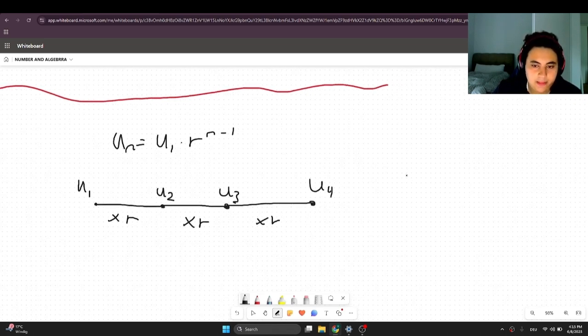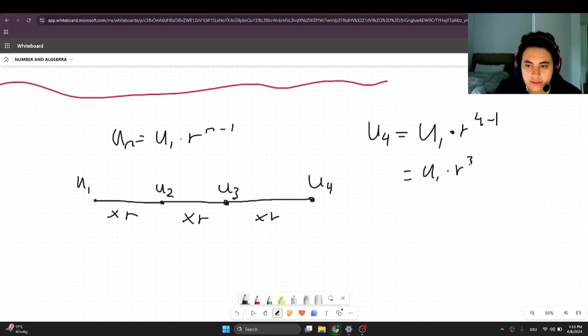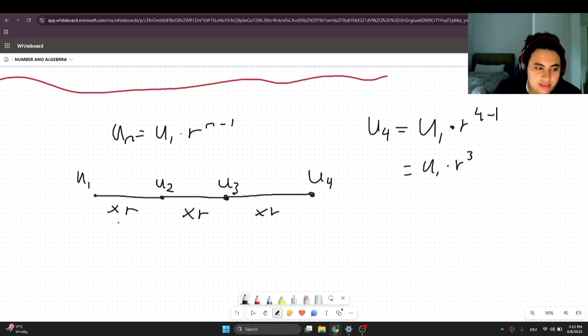Which means, if I want to find the term u4, I start at u1 and multiply it by r to the power of 4 minus 1, which is u1 multiplied by r to the power of 3. Because I multiplied by r 3 times, and if you multiply something by itself a number of times, you can raise it to a power.